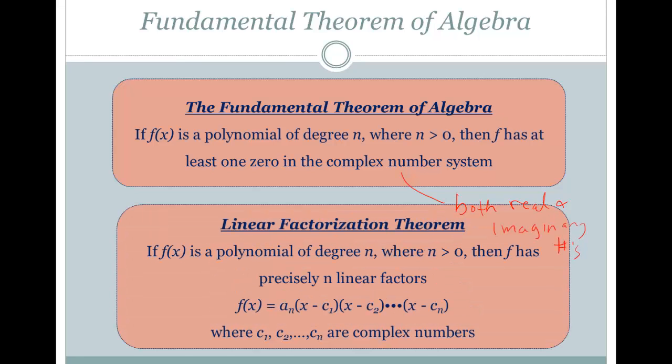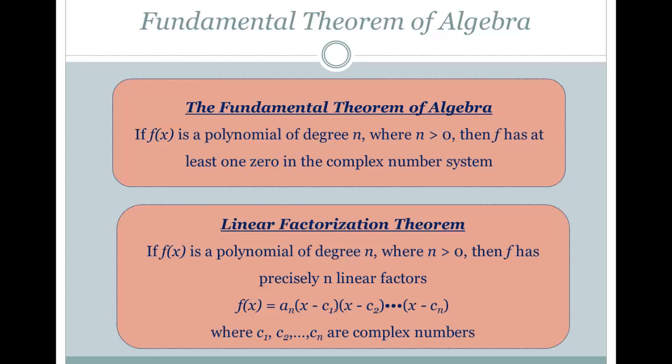We can actually take this a little bit further and look at the linear factorization theorem, and it basically says that on the set of complex numbers, we're going to have exactly n linear factors for a polynomial. Okay, so if I have a polynomial of degree 4, I will have precisely 4 linear factors.